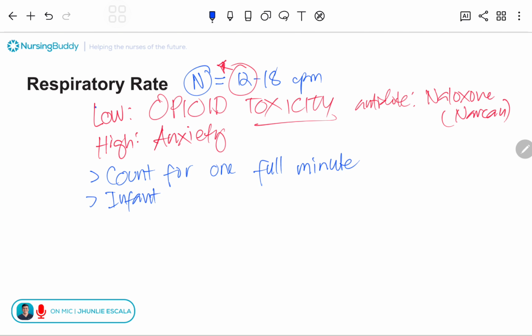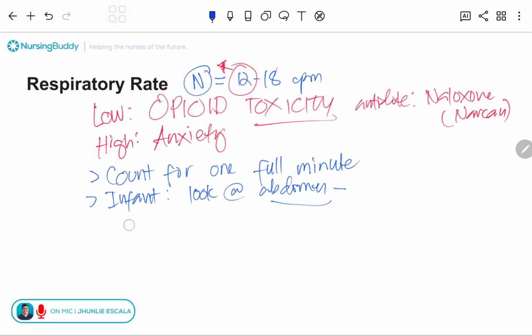Pagdating po sa ating pong infants, kapatid, our consideration is that we must look at, saan po tayo titingin? We must look at their abdomen. Why? Because they are actually mouth breathers at this time. So, to count for respirations, ang dominant po nila na physical assessment would be the rise and fall of their abdomen. Okay? So, that's it.